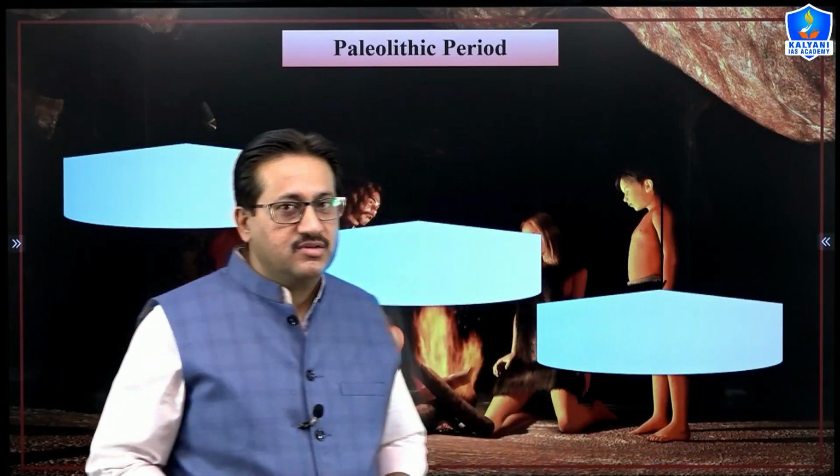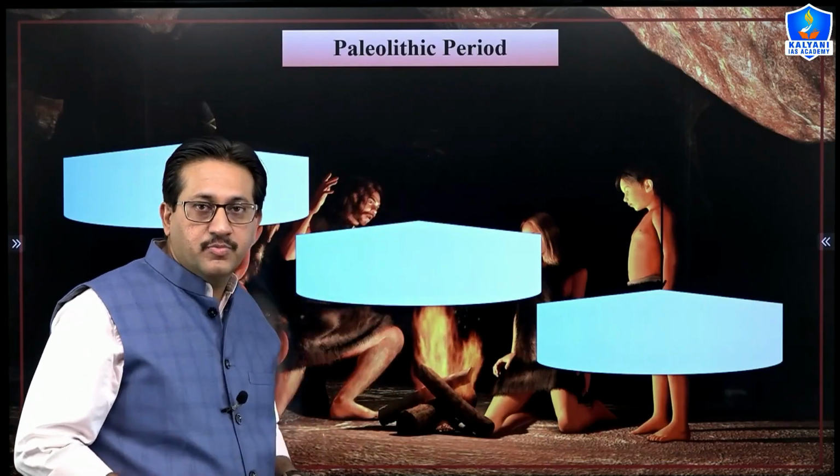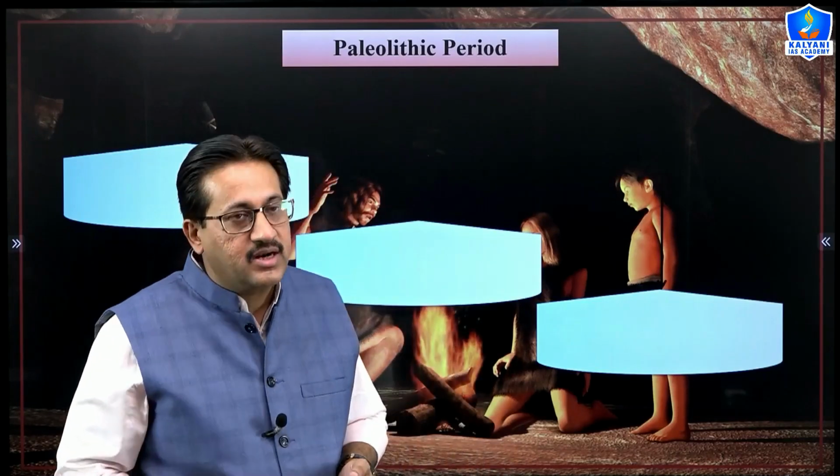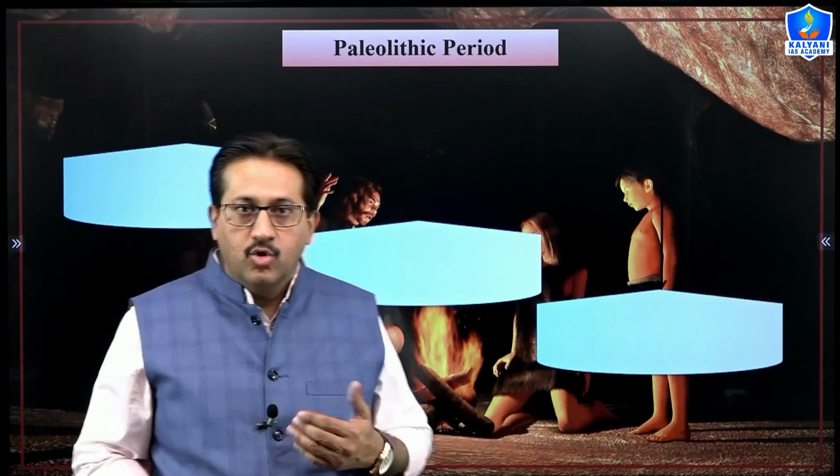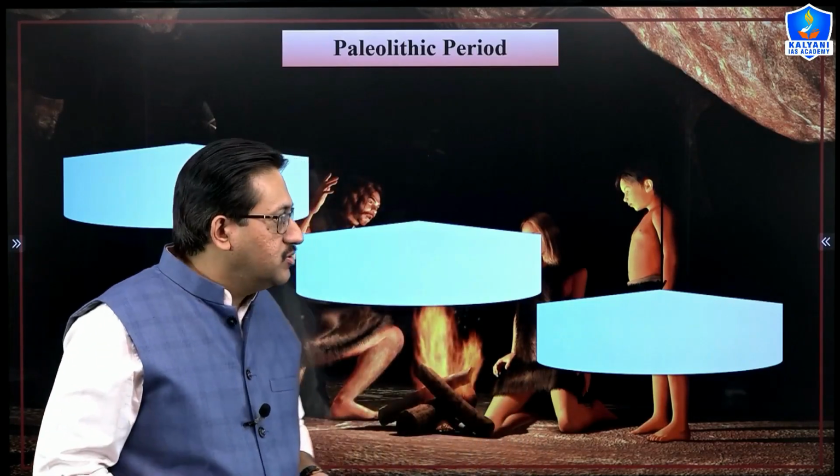Now let us discuss the Paleolithic period. On the basis of the stone tools used by ancient humans and the climatic changes that took place in that period, it has been further classified into the lower, middle and upper Paleolithic periods.